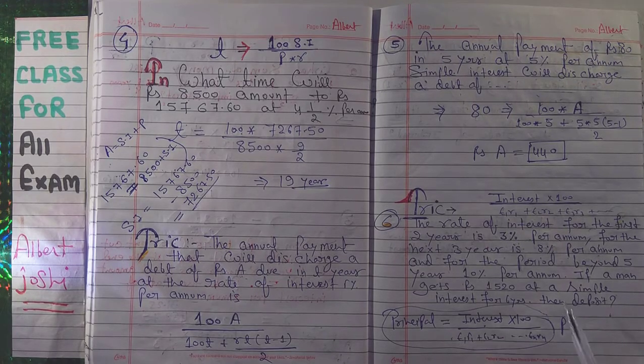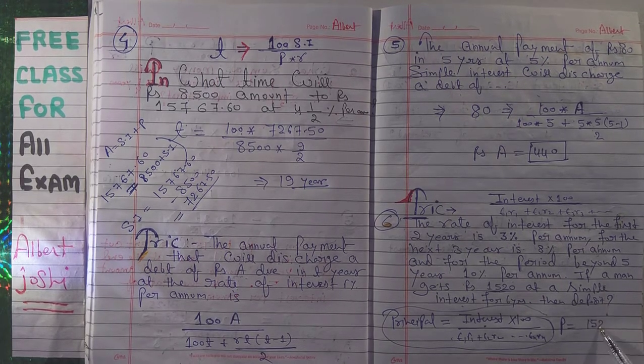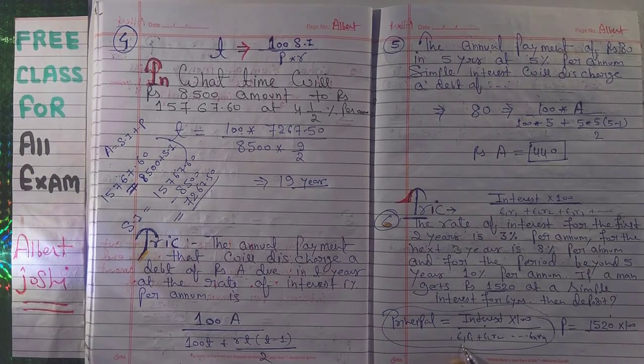What is the interest? If a man gets this money as simple interest, he got 1520, so that is your amount. Now you have to calculate 1520 into 100 upon what is T1?